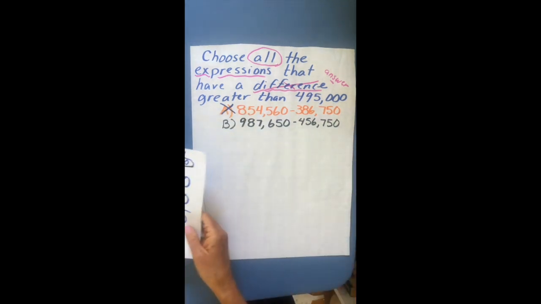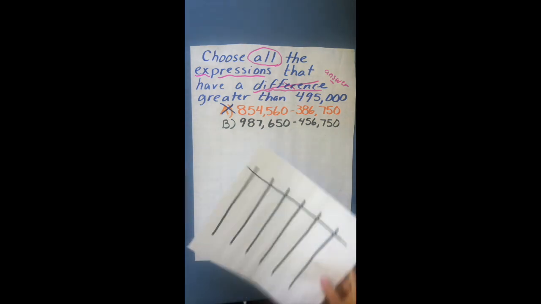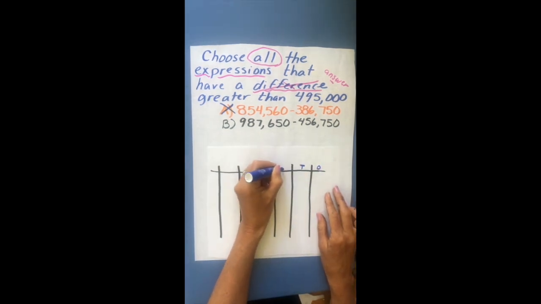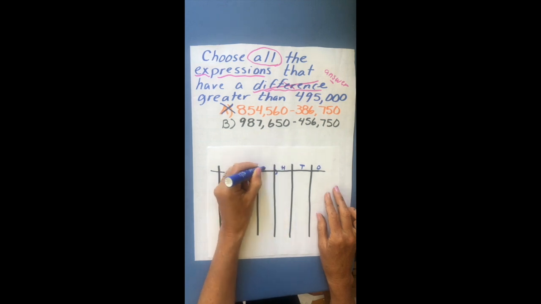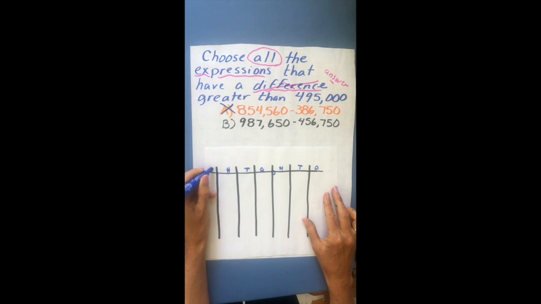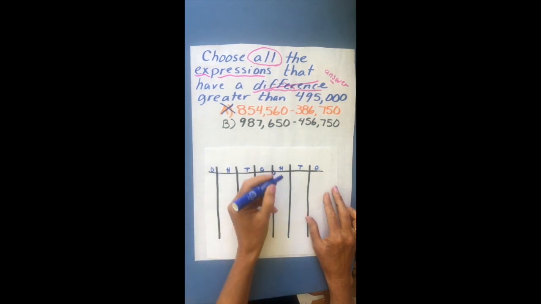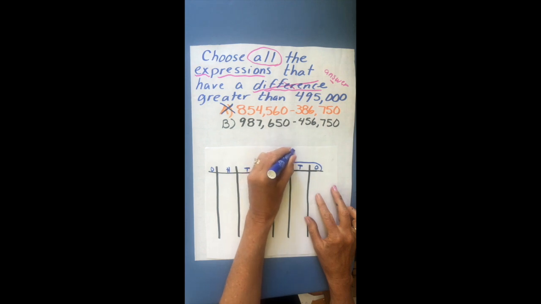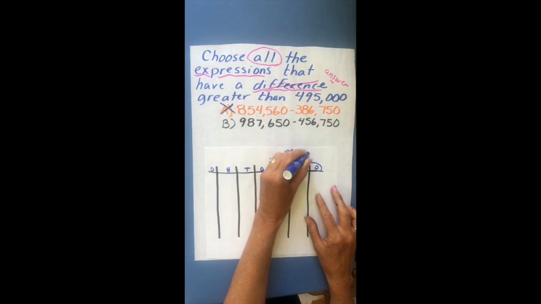Again, I get out my place value chart and I fill it out. Ones, tens, hundreds, comma, ones, tens, hundreds, comma, ones. And I'm not using the millions period, so I'm not going to fill that out, but I know this is the hundreds period.